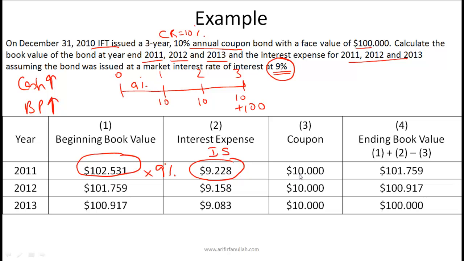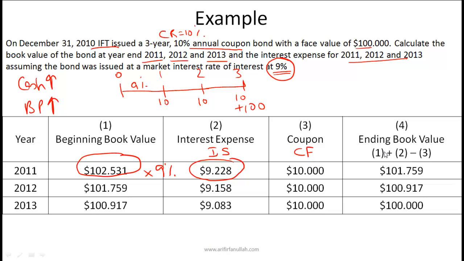The coupon is the actual cash flow payment that you make, and for US GAAP and at times with IFRS, this is a cash flow from operations, though IFRS might also allow you to categorize this as a financing cash flow.